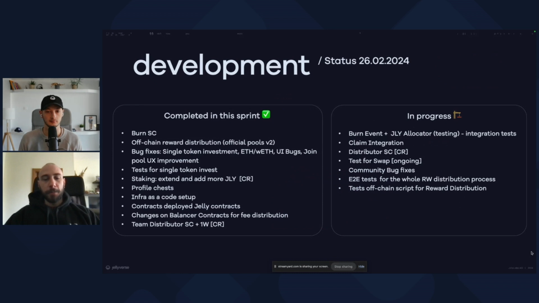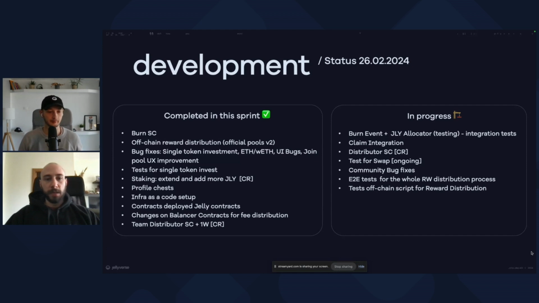As far as development goes, these are some of the things that have been completed in this sprint. The Burn smart contract that will bootstrap initial liquidity is done. The whole infrastructure for off-chain reward distribution is mostly done.